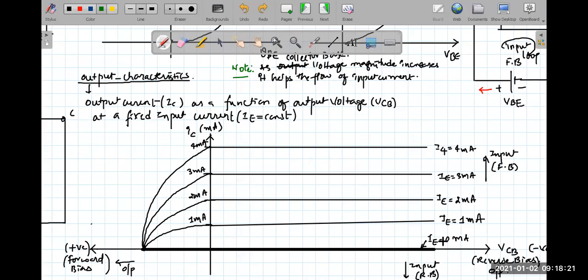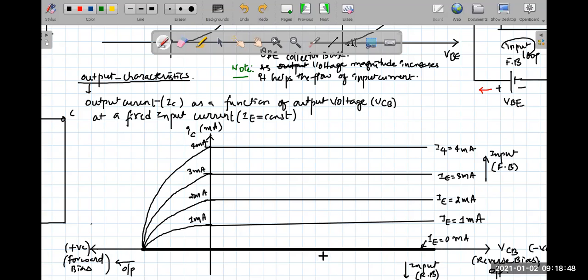If there is some emitter current, we know the majority of the current will reach the collector. So if emitter current is 1 milliampere, the collector current is also 1 milliampere. 2 means 2, 3 means 3, 4 means 4. So when I have drawn the graph, I mean that there is some input current, some emitter current. When there is some emitter current, it means the input region is forward biased. Clear? So whenever it's 0 or less than that, the input is reverse biased.